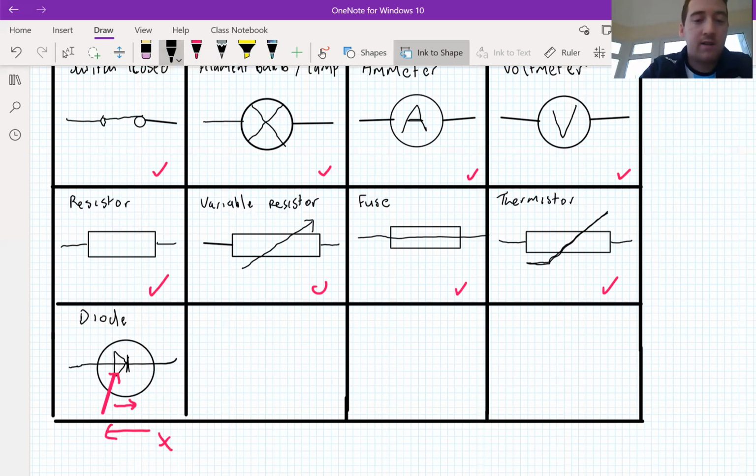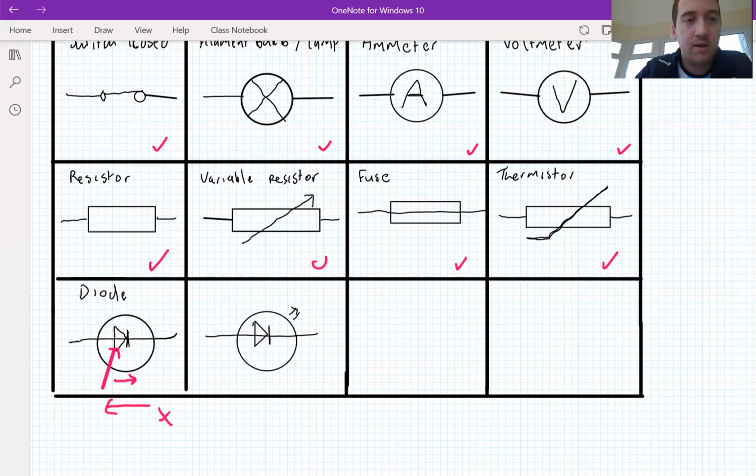The next one is similar to a diode. I'm going to draw a diode like this. I've got the triangle or the arrow pointing to the right again. But this time I've got two little arrows in the top right corner pointing away from the diode. Sorry, they're not great.